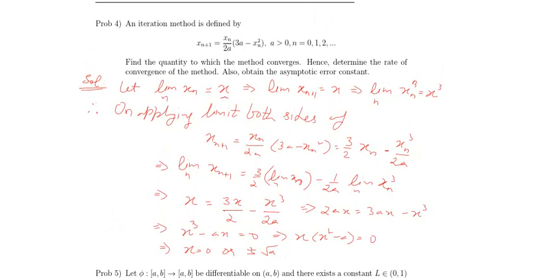Then certainly the limit of xn plus 1 is also x. This also tells you that if you take the power, xn cube will converge to x cube, xn square will converge to x square, and so on. So if you apply the limit on both sides, you get this relation.